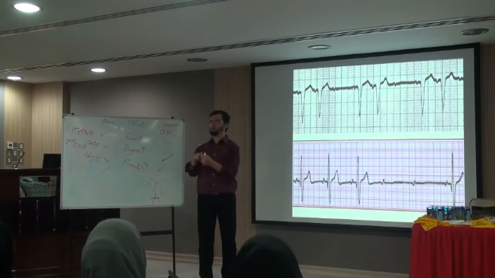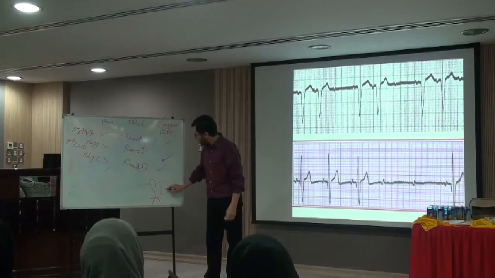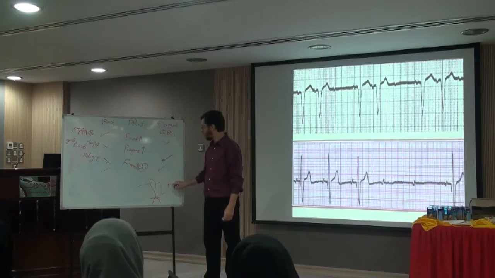If we put one electrode on the His bundle, another in the AV node, another in the ventricle, and start measuring, we will find that the patient with the narrow complex will have a prolonged AH interval.